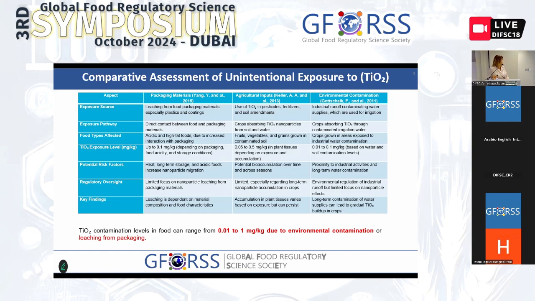The contamination level in food from unintentional sources can range from 0.01 to 1 milligram per kilogram, due to environmental contamination or leaching from packaging.